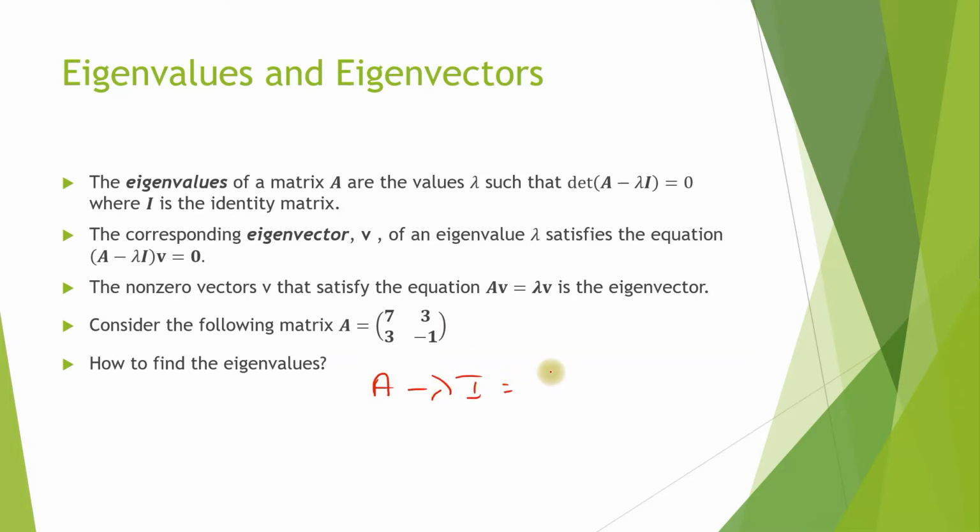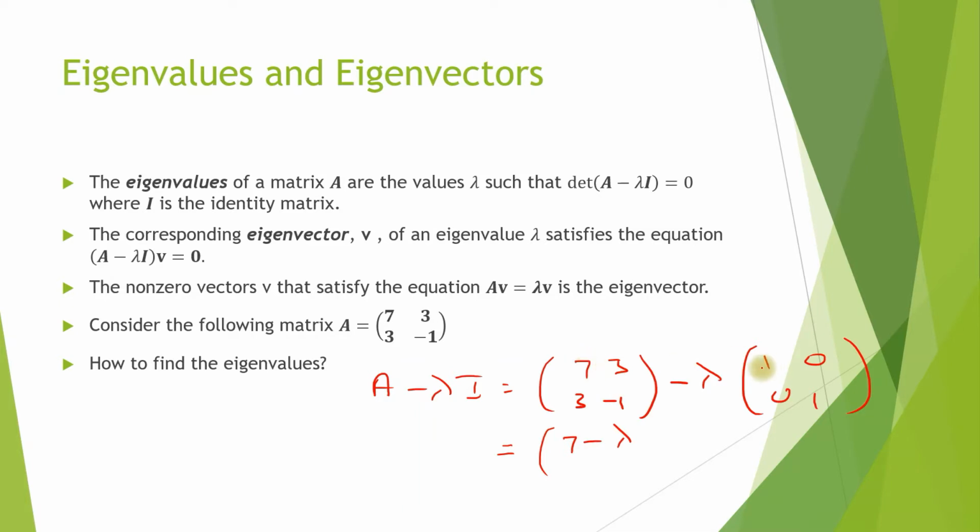A minus lambda I means you need to take the matrix that you've got, 7, 3, 3, minus 1, and then subtract lambda times 1, 0, 0, 1, which is our identity matrix. Obviously, I'm assuming that you already have a notion of matrix manipulation from other courses, so we are going to use these notions to understand what to do here.